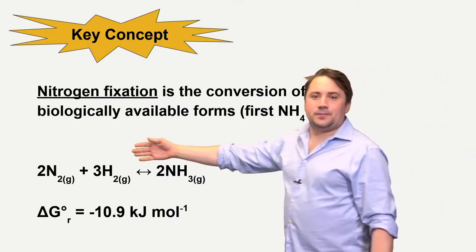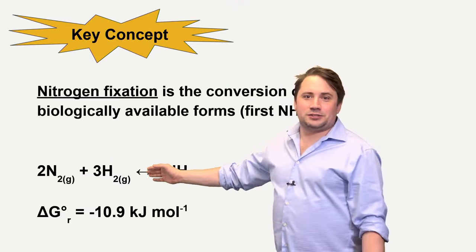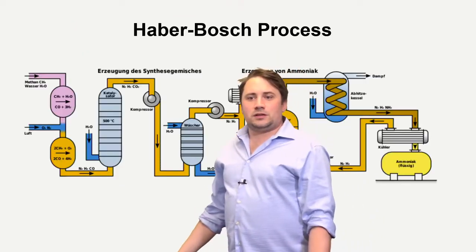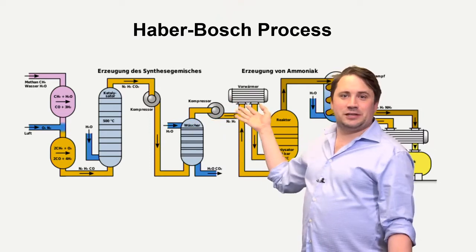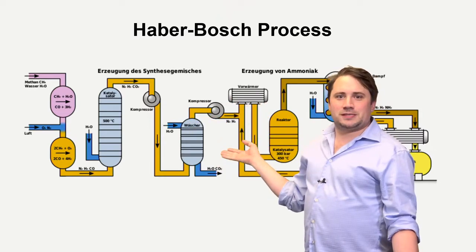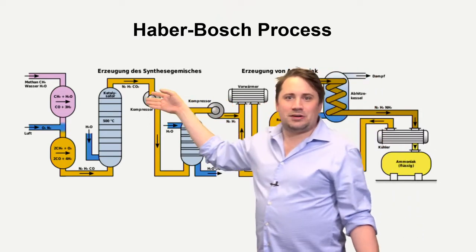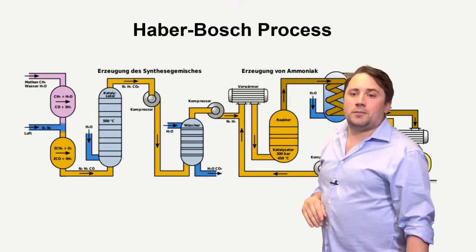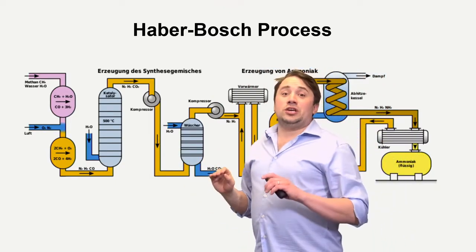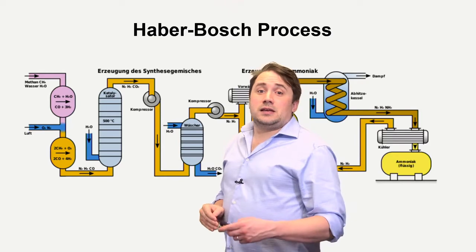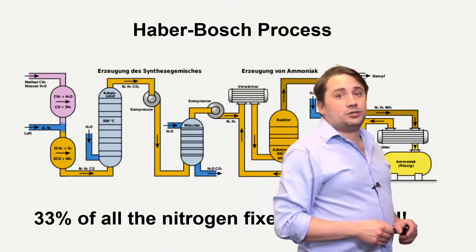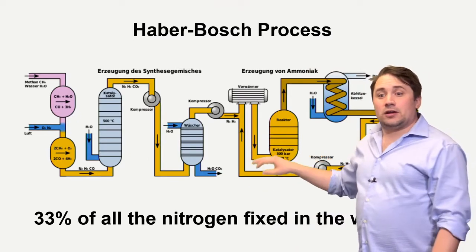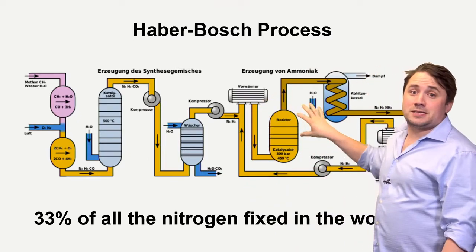It's just combining nitrogen gas with hydrogen gas to form ammonia, just in a reactor that can do it very, very efficiently at reasonable temperatures, not the temperature inside a lightning strike, but at, I think, 500 degrees Celsius. And this was huge. This now results in over 33% of all the world's nitrogen that's fixed any year is fixed by this Haber-Bosch process.